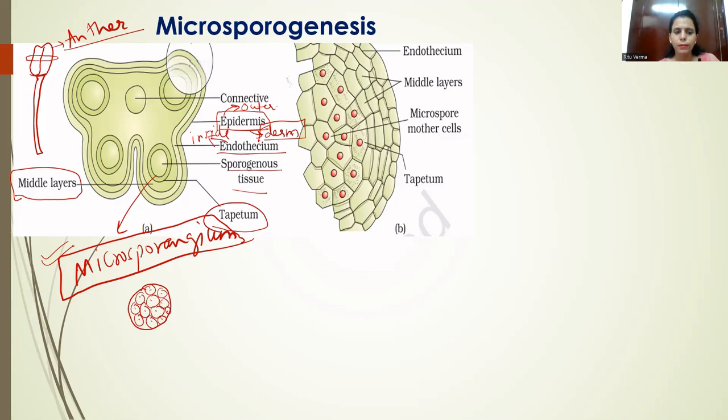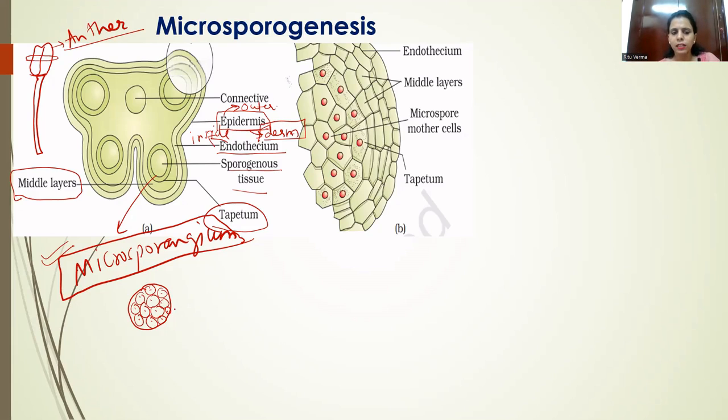Now remember, all these cells of sporogenous tissue are capable of producing microspores or pollen grains. Some of these cells of the sporogenous tissue degenerate, and their degenerative mass is absorbed by the other cells present inside the microsporangium.